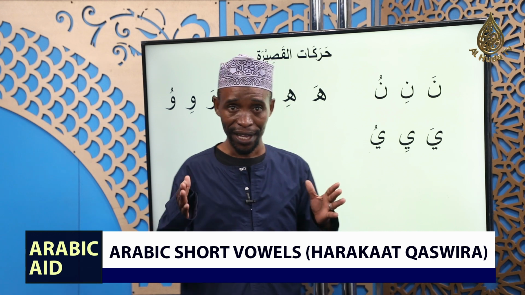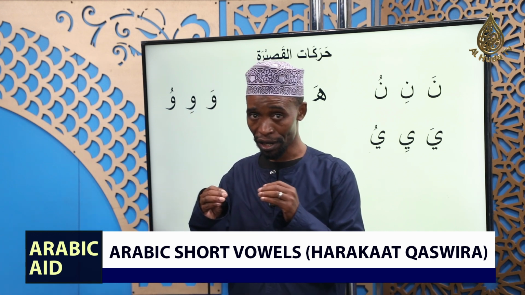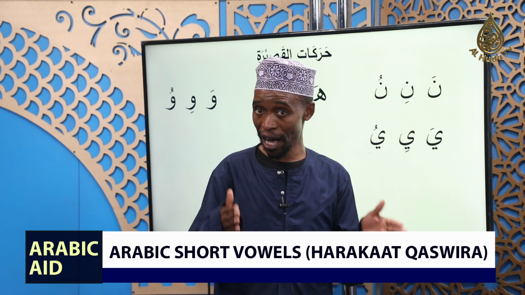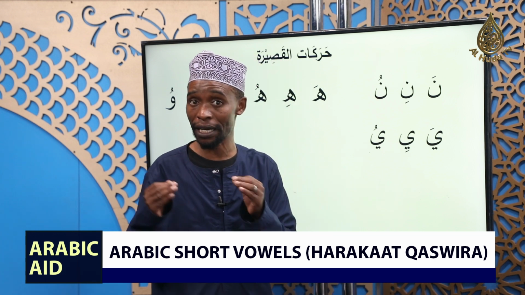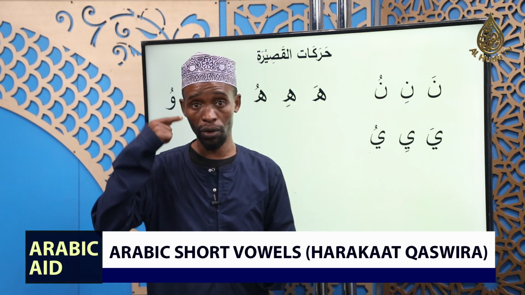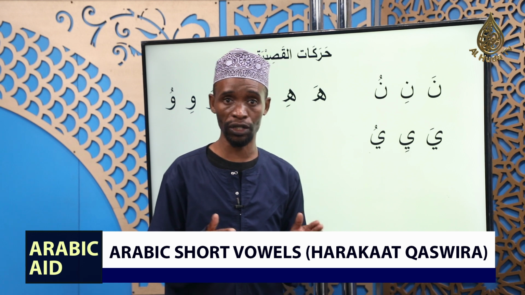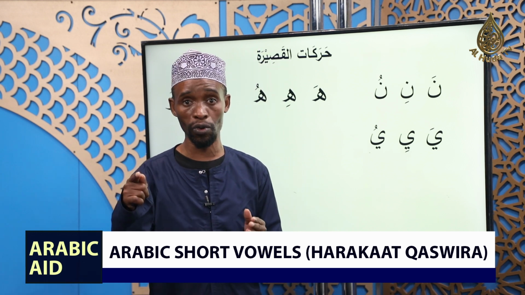Please exercise reading the short vowels in full because that is how you form your spelling ability in Arabic language. As you already know, vowels are important in any language, and so it is important for you to master them in Arabic.